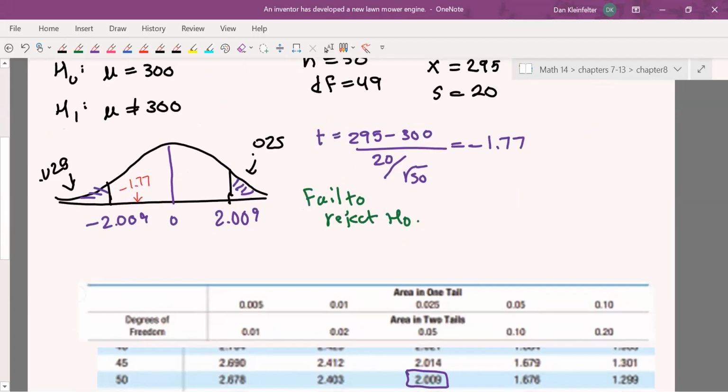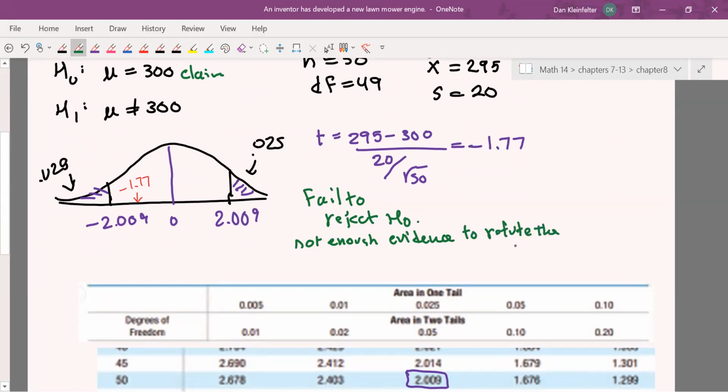So there's not enough evidence to refute the claim. This time the claim was in the null hypothesis, so we can just say there's not enough evidence to refute the claim.